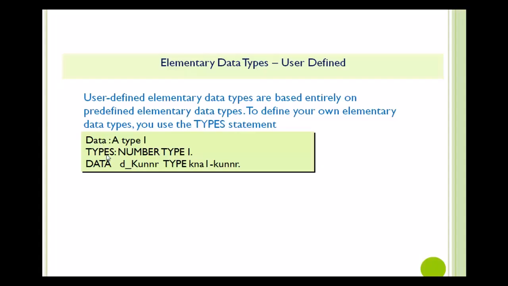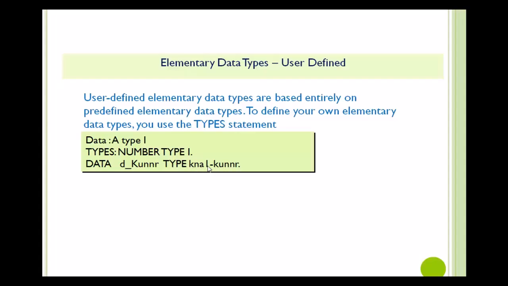And by using the TYPES keyword you can create local types, that is, structure types. A number is not a keyword here; you can type any variable name, type referring to the integer type. Or you can refer by using the DATA keyword, for example d_kunnr, any variable name, type kna1-kunnr.